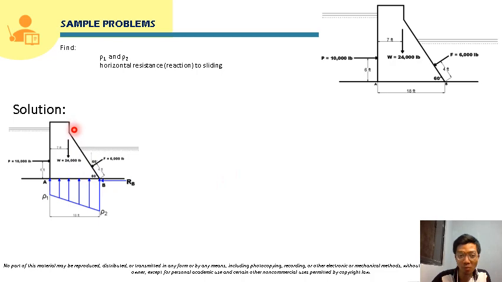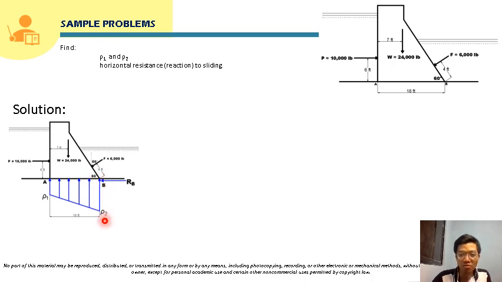So the portion that will be stressed is at this part, at the right side of this dam. It will be the part of this dam that will experience the most stress.